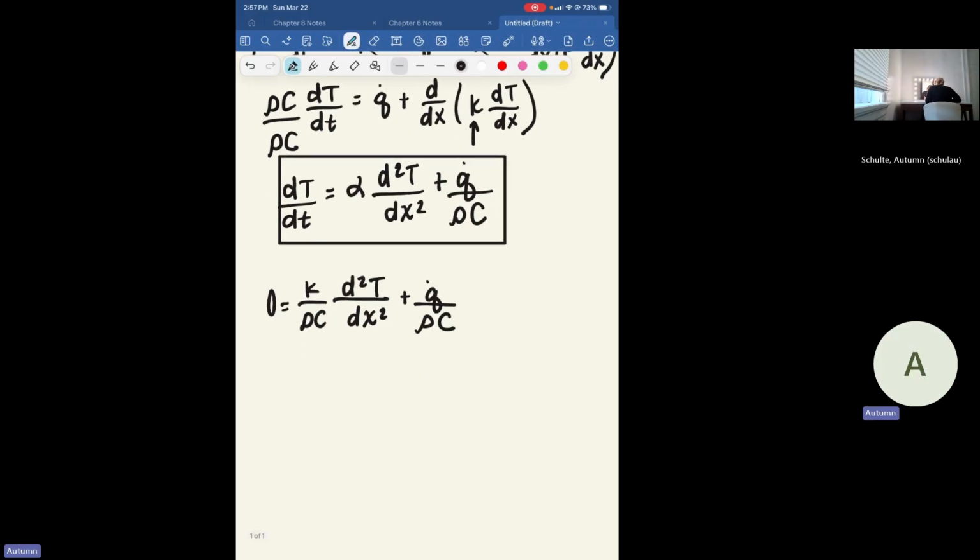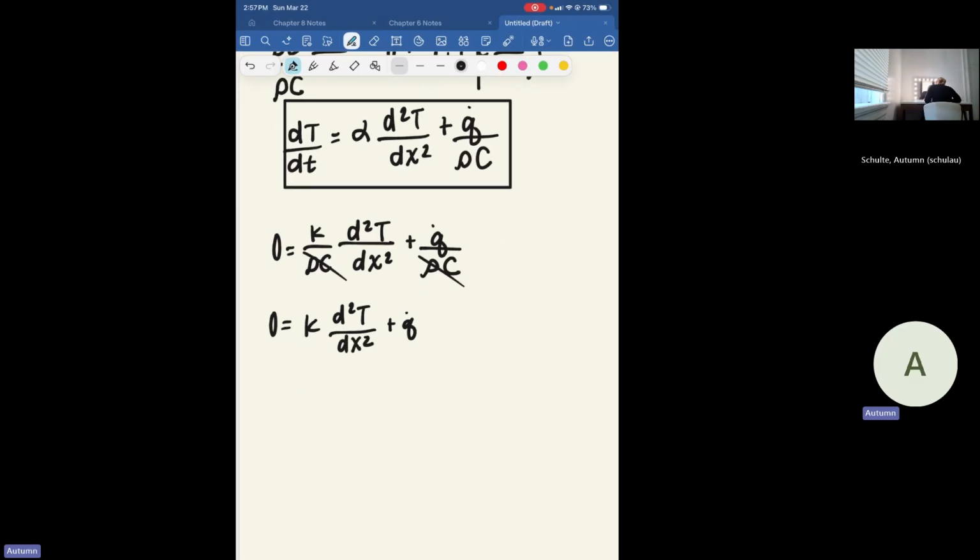We can take out our density and heat capacity term, so we'll be left with 0 is equal to our thermal conductivity multiplied by our second derivative of temperature with respect to x, plus our energy generation rate.